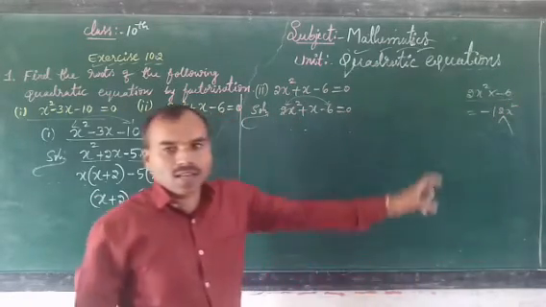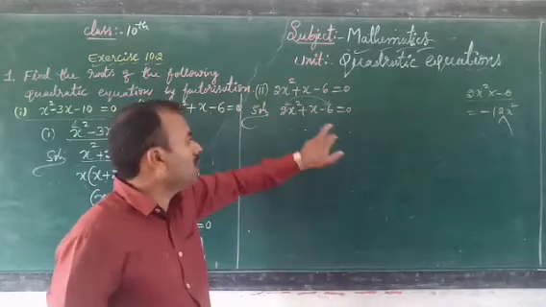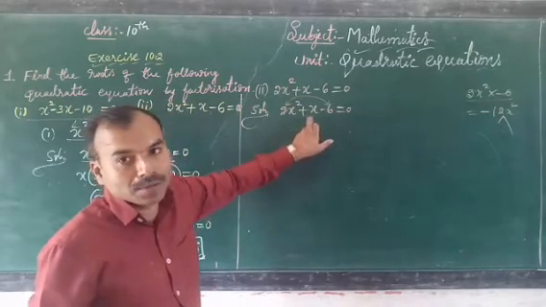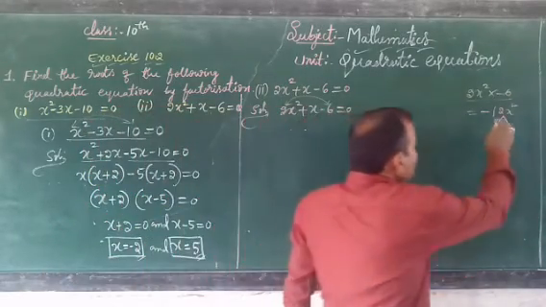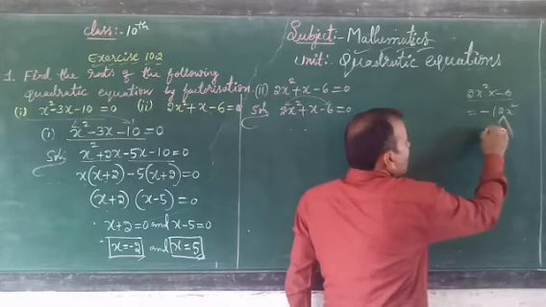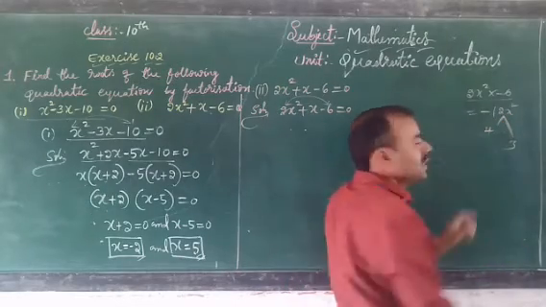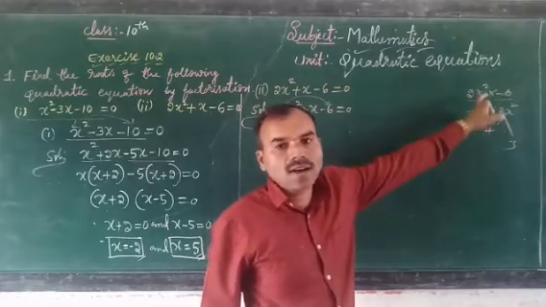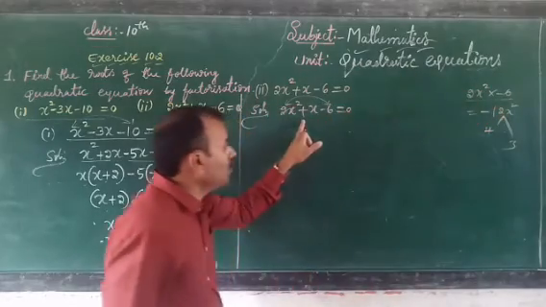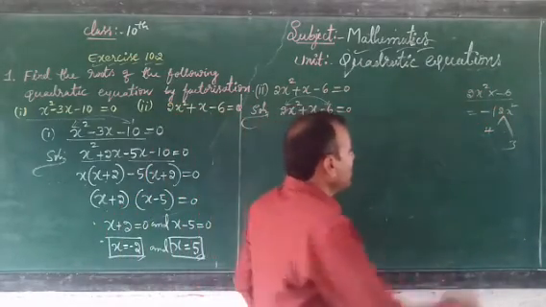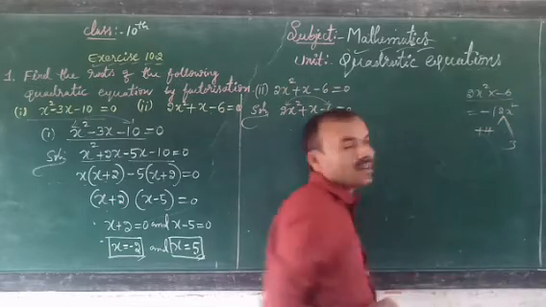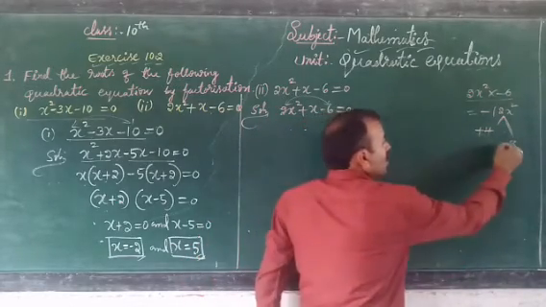We have to split the product. So here, dear students, I think the two factors are 4 and 3. 4 threes are 12. Here plus is there, so we take plus to bigger term and minus to smaller term.